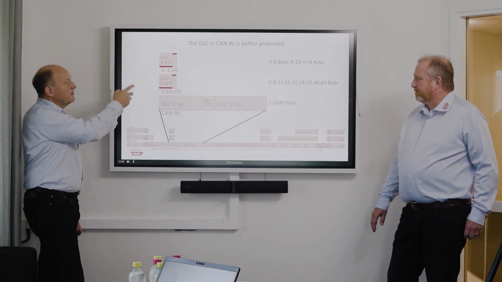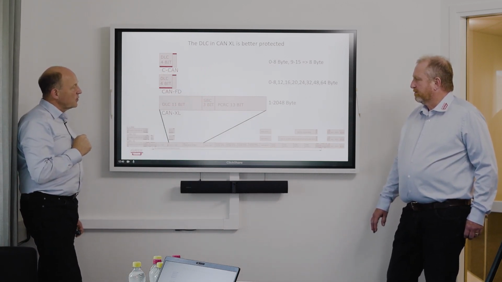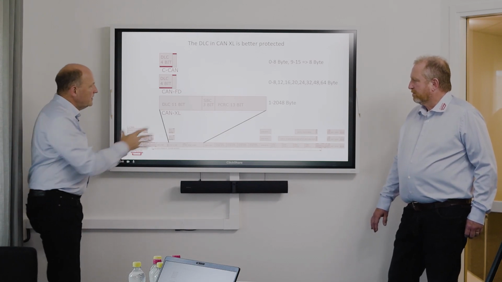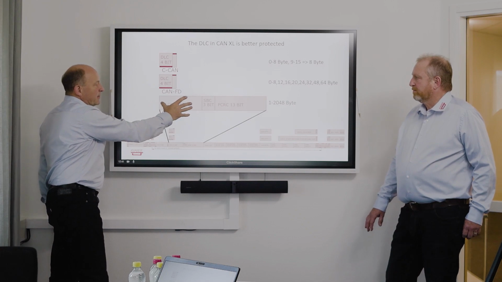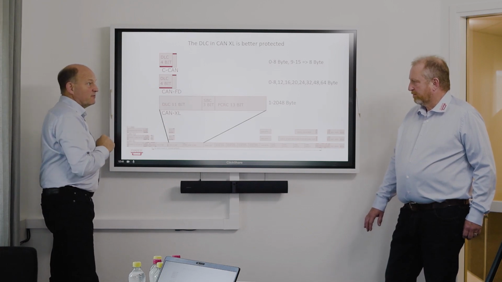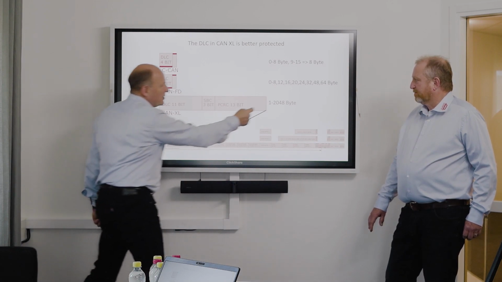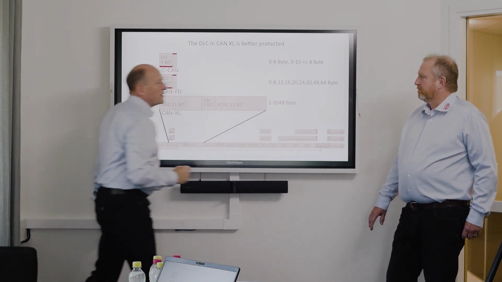So in CAN FD you can send groups of up to 64 bytes. In CAN XL, it switched to an 11-bit number from 0 to 2047, plus 1, so the actual number of bytes is 1 to 2048.